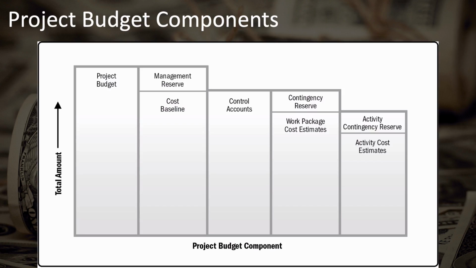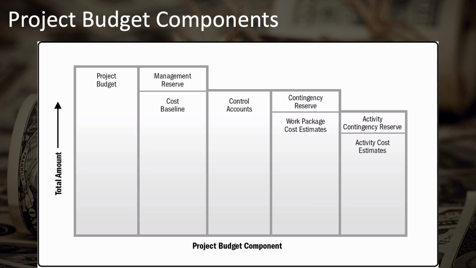Or you could have it by different teams, or different locations, or even different approaches so that you could compare those parts of the project that are predictive against those that are more agile or hybrid. These control accounts can provide you with a great deal of flexibility and control in measuring the performance of your project. All of these control accounts then add up to the entire scope of the work breakdown structure, which becomes your cost baseline.